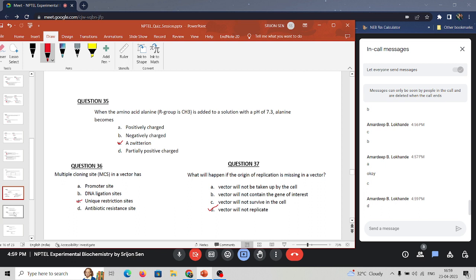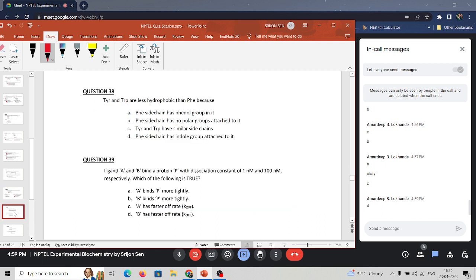The next one. Tyrosine and tryptophan are less hydrophobic than phenylalanine because. Why are tyrosine and tryptophan less hydrophobic?